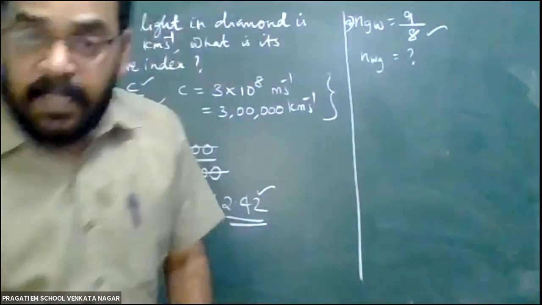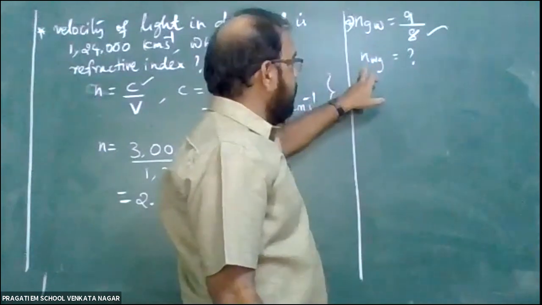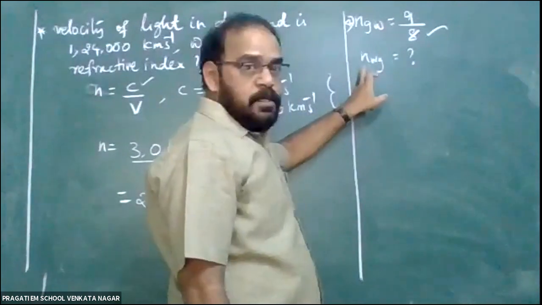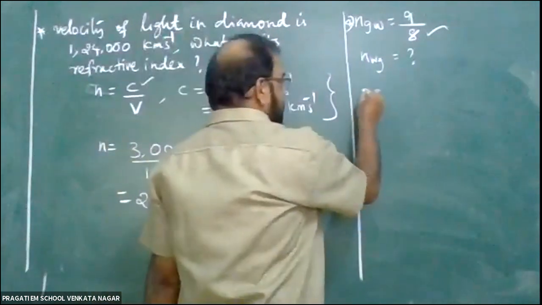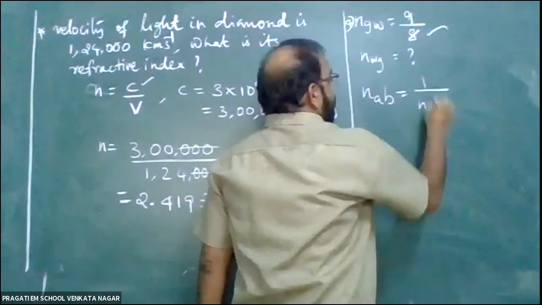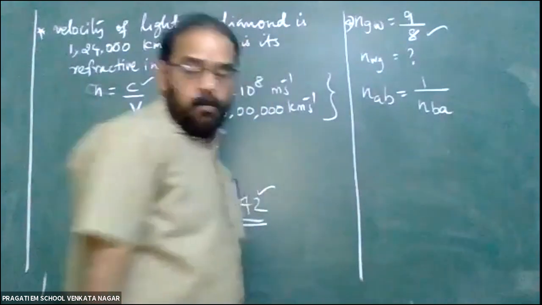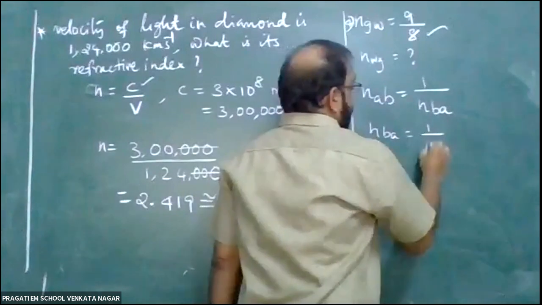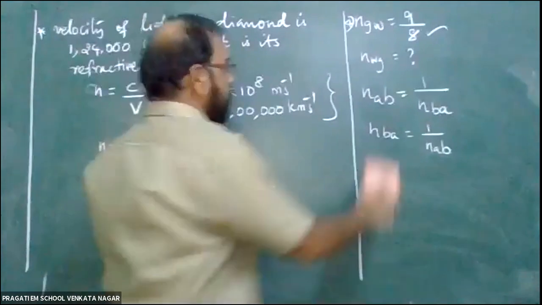Suppose light enters in the reverse way. So it becomes refractive index of water with respect to glass. What is this? In the first class I gave you one formula: N A B is equal to 1/N B A, or N B A is equal to 1/N A B. Whatever it is, they are mutual reciprocals, so you can use this formula.